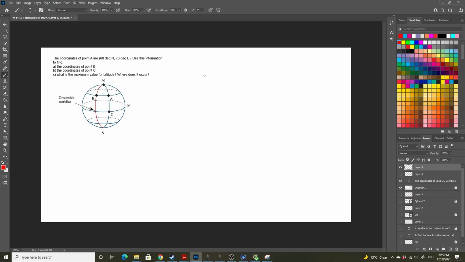We're given the coordinates of point A, which is this point here, and we're told that point A is 60 degrees north and 70 degrees east. We're going to use this information to find the other points. Point C here is on the same meridian of longitude. If it's on the same meridian of longitude, then it must have the same longitude coordinate.